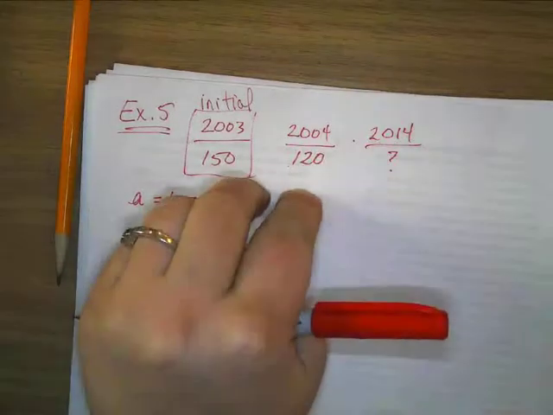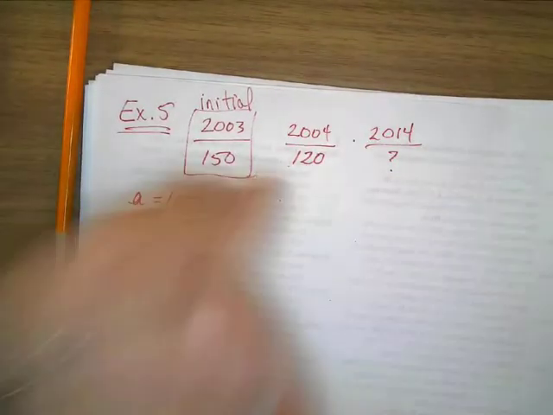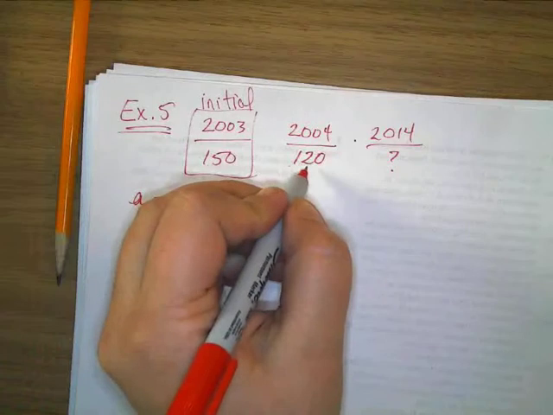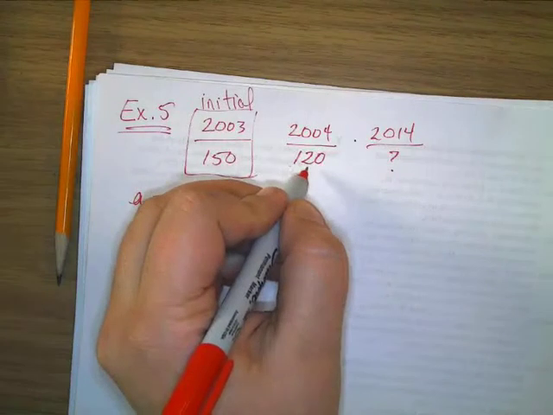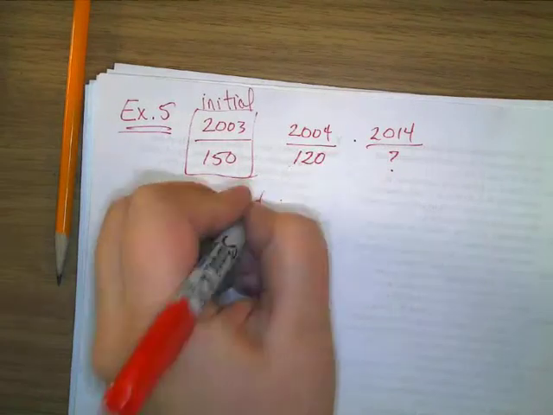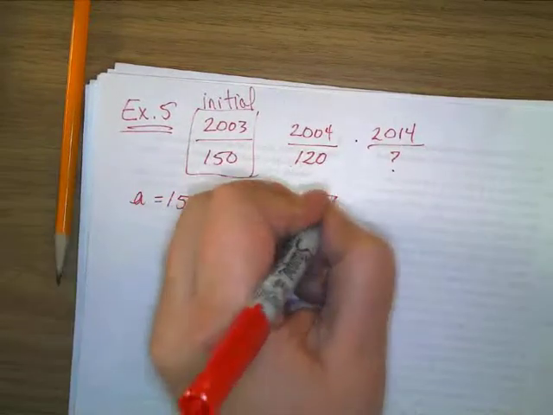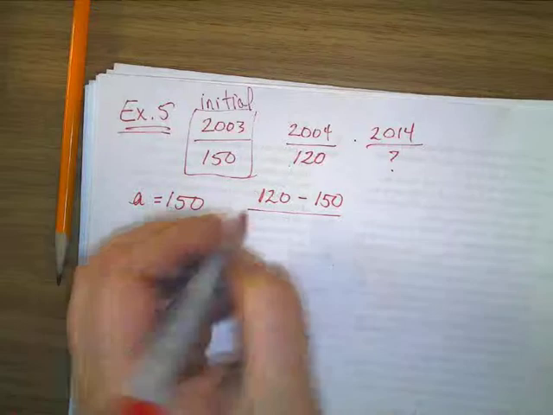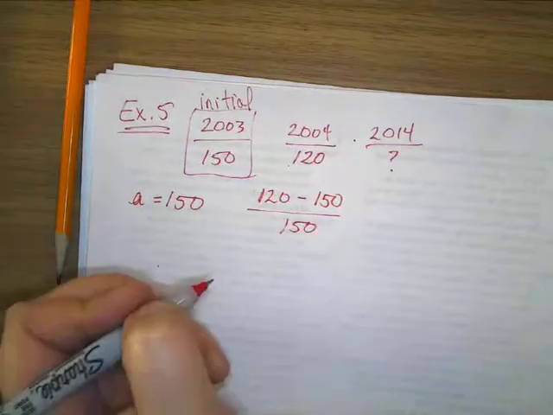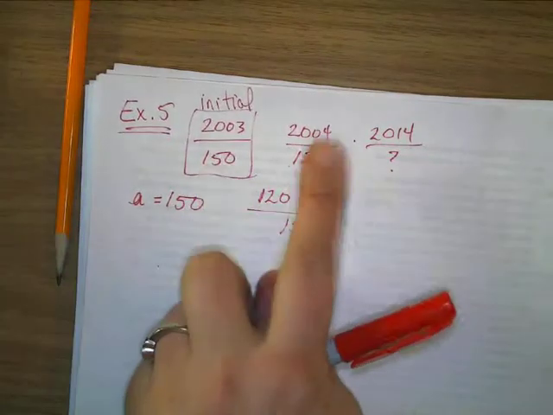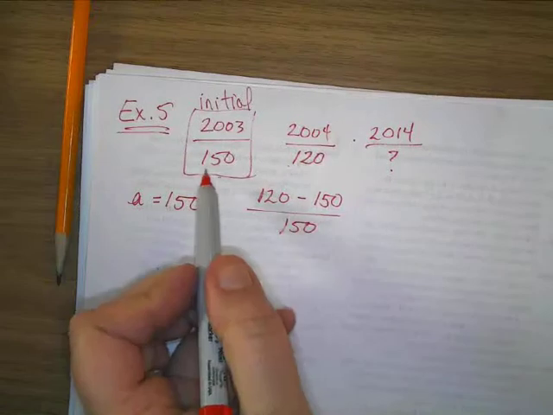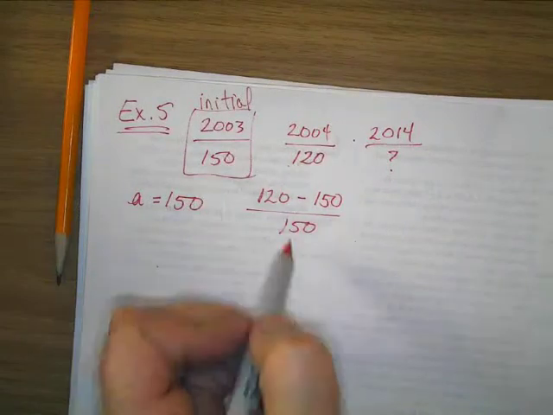So to figure this out, we're going to take where we ended up. How many lynxes do we have right now? 120. And we're going to take away how many we started with. To figure out the percentage, we divide by how many we started with. So you figure out the difference. Start where you ended: 120 minus 150 over what you started with.